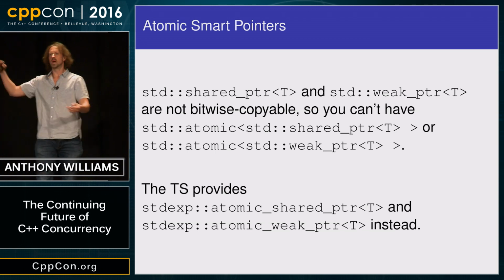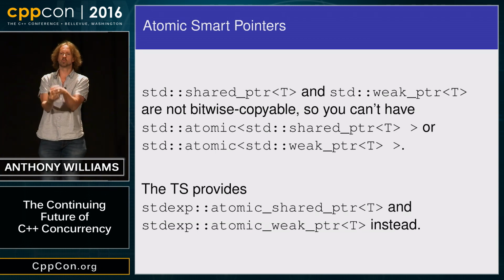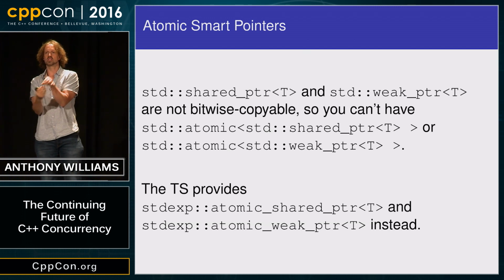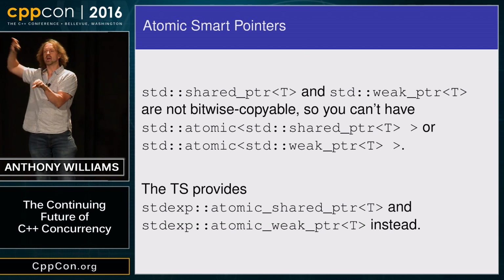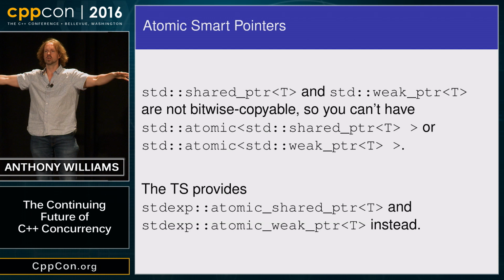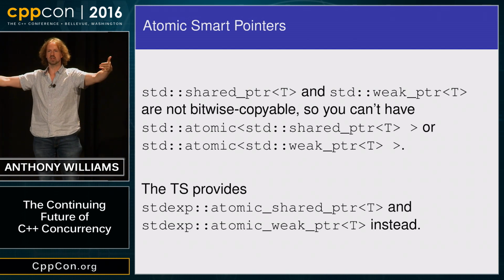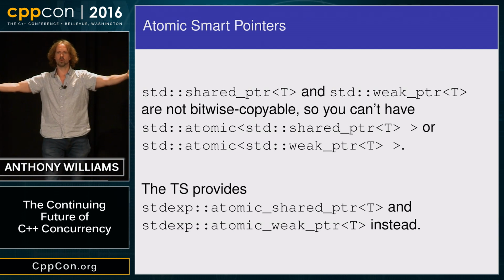And this you would use where you've got a single shared pointer object which you want multiple threads to access. Obviously, each thread can quite happily have shared pointer objects of their own, and they can even refer to the same thing, and the reference count will be dealt with accordingly.